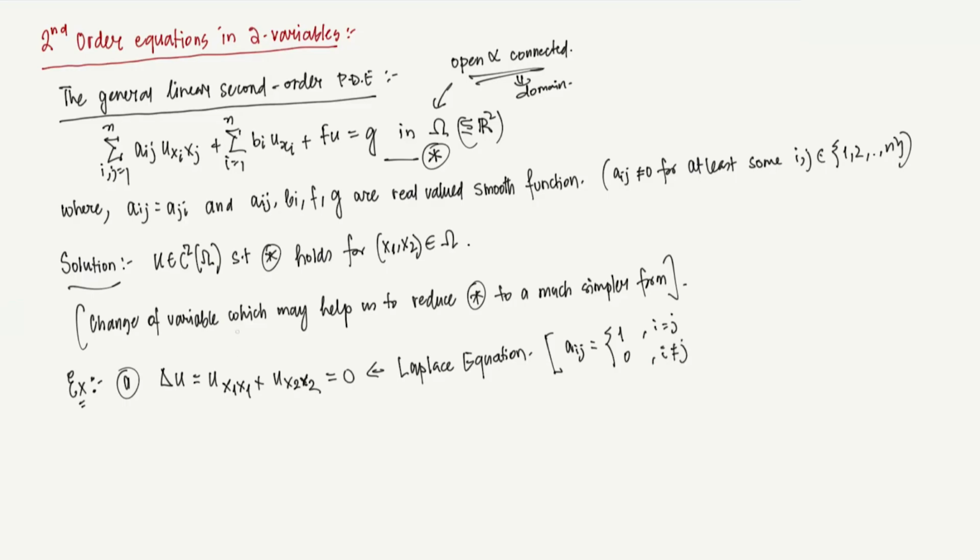So the second order part of the equation reduces to this. What about b_i and f? Here b_i, f, and g are all equal to 0. So all other expressions are 0, and this is what you are left with. This is called the Laplace equation. Of course, g can be here; you can actually have a g, and that is another example.